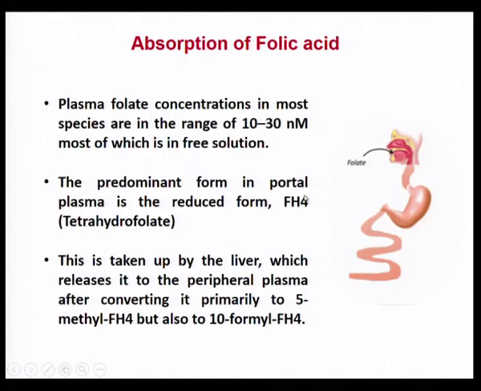That's the actual form you find in the plasma, and this is taken up by the liver, where it is released to the peripheral plasma after converting into 5-methyl tetrahydrofolate, or also 10-formyl tetrahydrofolate. These are some of the activation products of folic acid that are available in our system to be made use of during the normal metabolic process.